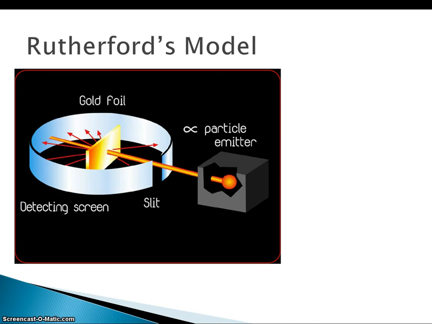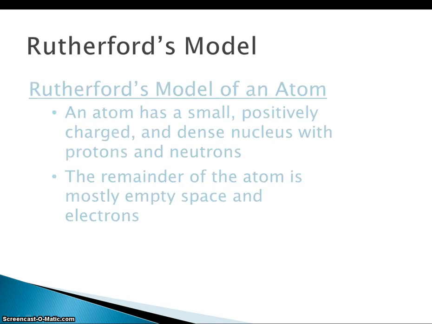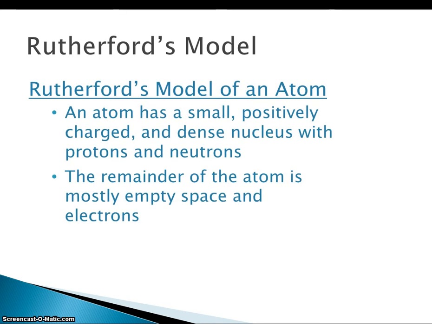So here's kind of a picture of what this looked like. Here's our alpha, or radioactive particle emitter, and it had this detecting screen around it, and he fired these particles at this piece of gold foil. Most of them just went right on through, but a few were deflected back out. 1 out of 8,000 were deflected back out. So his conclusion said that the atom has a small, positively charged and dense nucleus with protons and neutrons.